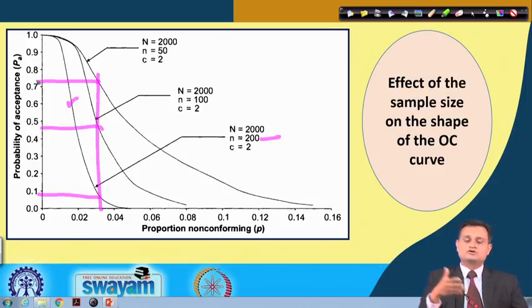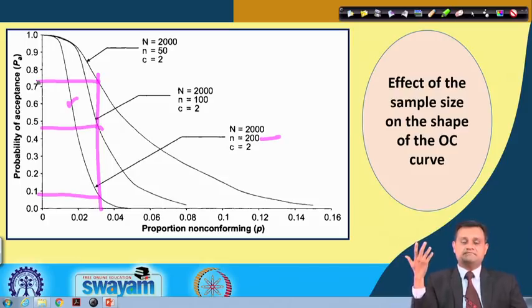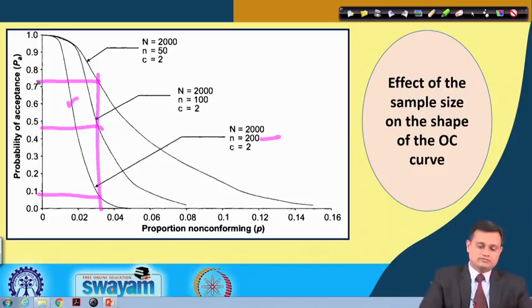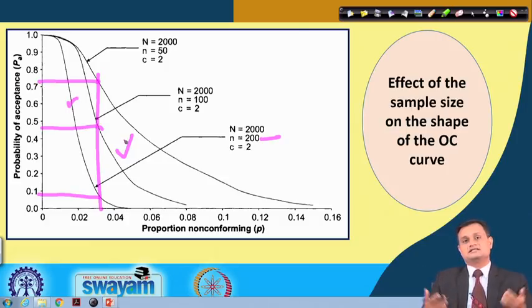But if you think about some nuts and bolts used in an ordinary manufacturing company, then you may not need that much discriminatory power of the OC curve. If you talk about aircraft, then you may like to go for a little higher discriminatory power. So I just want to show you that there is an impact of the sample size on the discriminatory power of the OC curve.